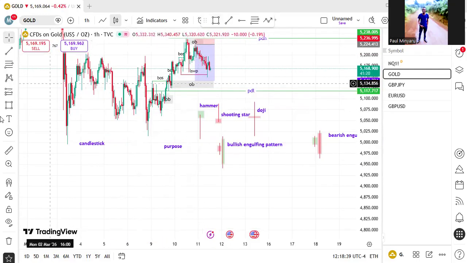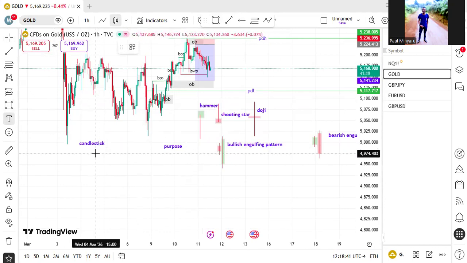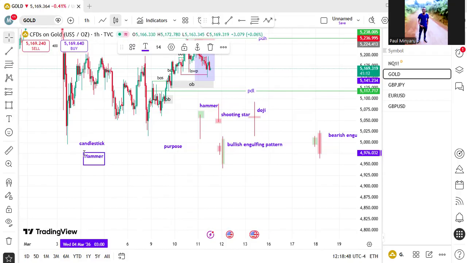So number one, I will arrange them. We have a hammer. Secondly, we have a doji. Thirdly, we have a bullish engulfing pattern.